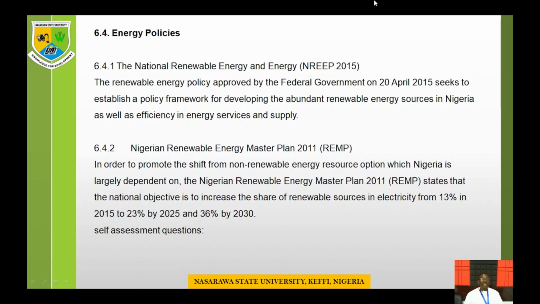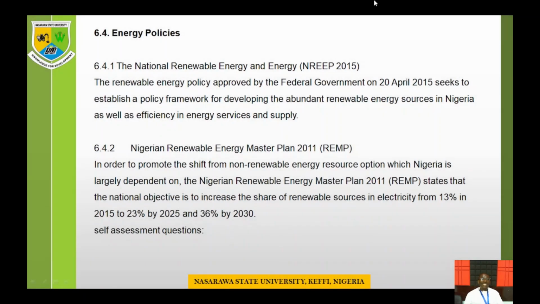Then the second energy policy that we're mentioning here is the Nigerian Renewable Energy Master Plan 2011. Take note, there are various other energy policies, but for the purpose of this course, we'll just look at these two.